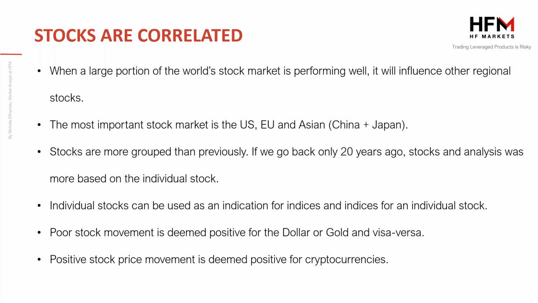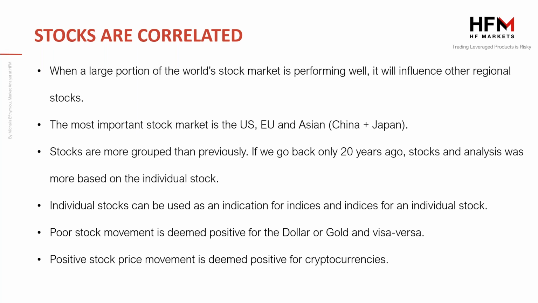Sometimes, though, there are scenarios where both increase in value as well. And of course, we have to take into consideration vice versa. So positive stock price movement can be negative for the US dollar as well.